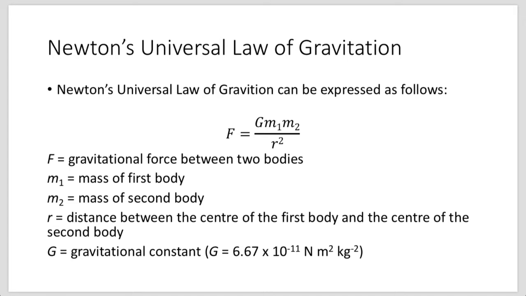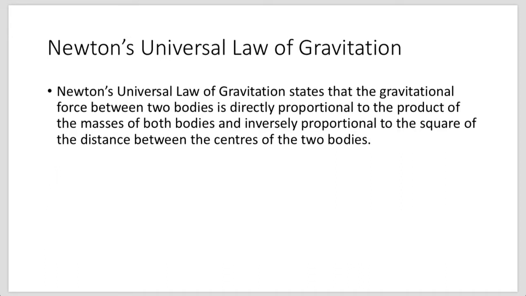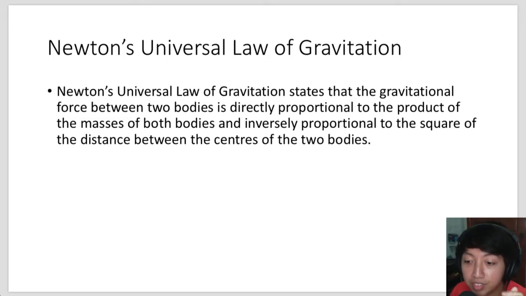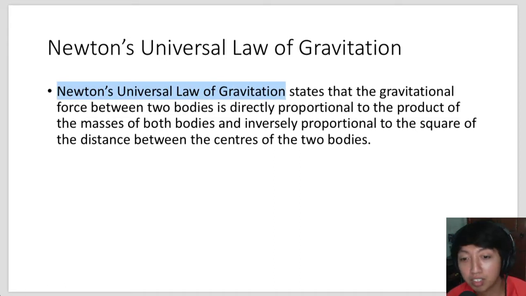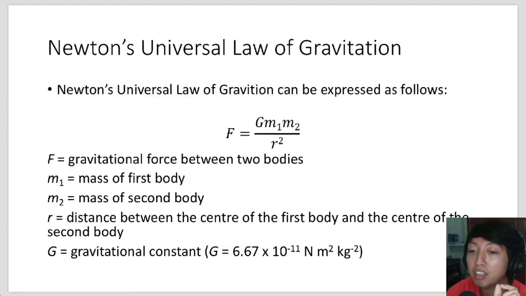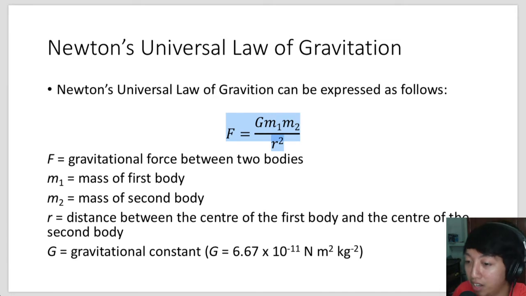Now, another important thing for you to understand. This is the formula, but this is not the definition. If in SPM or any exam paper, and this is also something that was shared during the seminar, the question asks you what is Newton's universal law of gravitation, or state the meaning of Newton's universal law of gravitation, you cannot just simply write down the formula.